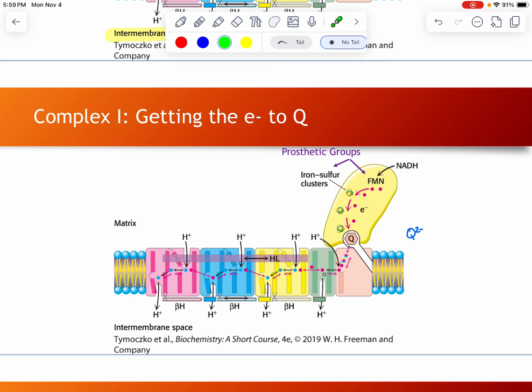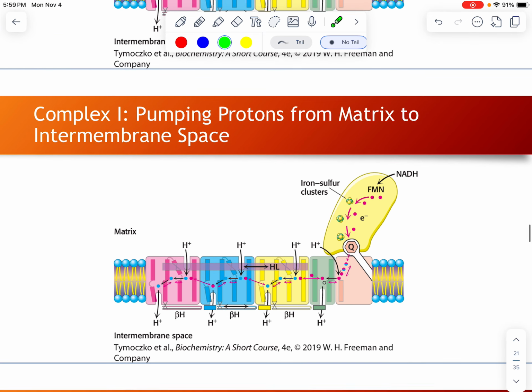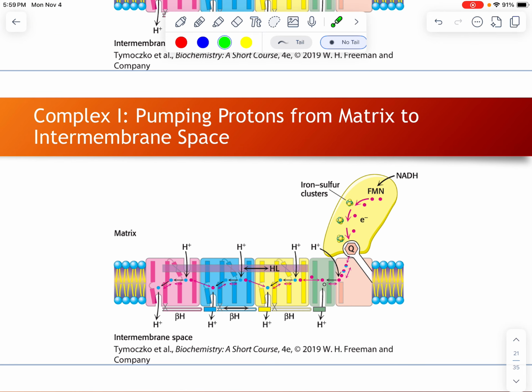All right, so then let's look at how that plays into pumping protons across this space. If we look at this part of our enzyme, you will see that there are some protein channels, but they only go halfway through. Protons can't just move all the way through. There are similarly protein channels on the intermembrane side that go only halfway through.